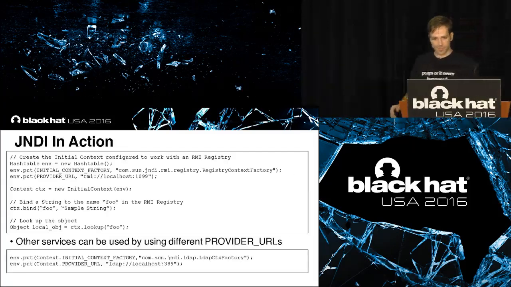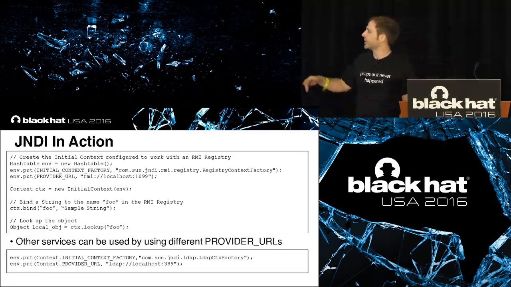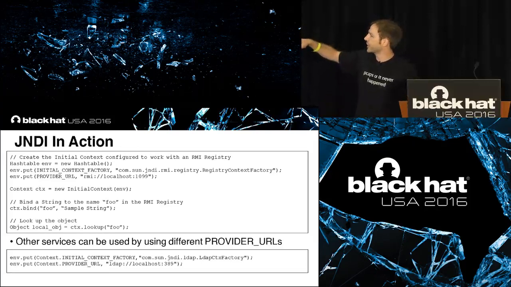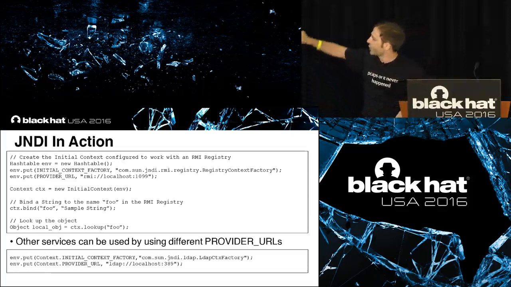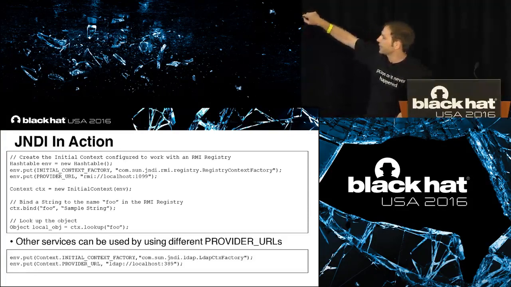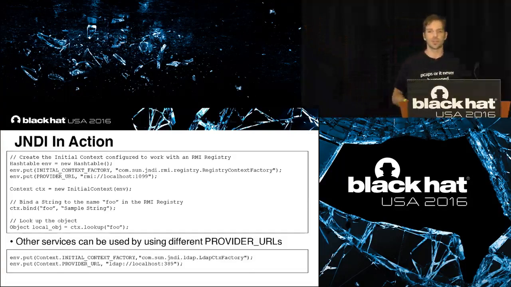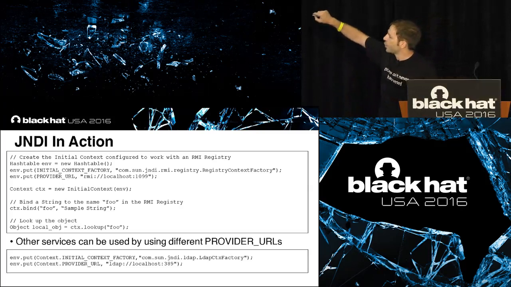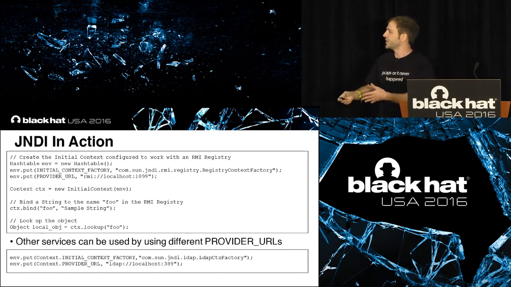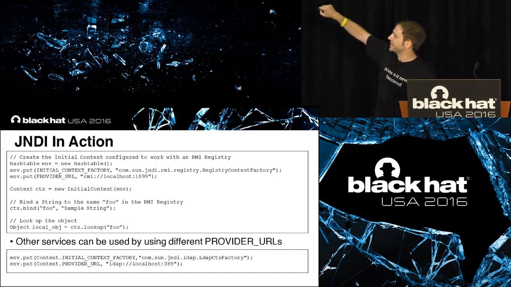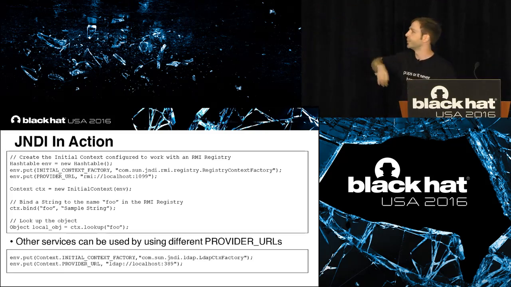Because a code snippet is worth 1,000 words, this is a very simple example of how to use JNDI. In the first lines, we have the configuration of the JNDI context. We are saying that we are going to interact with an RMI registry, a naming service where we bind a name to a given Java object, and that this provider, this RMI registry, is located at localhost on this given port.